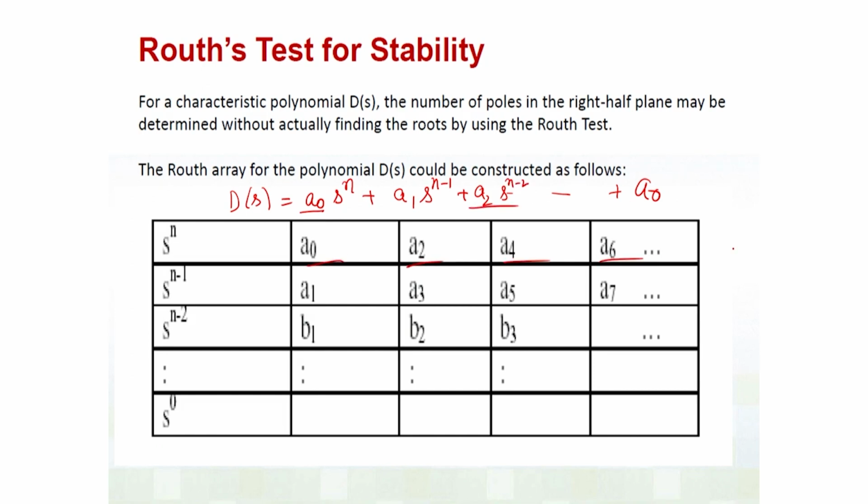The row for s to the power n minus 1 will be a1 and then a3, alternate terms, and so on.